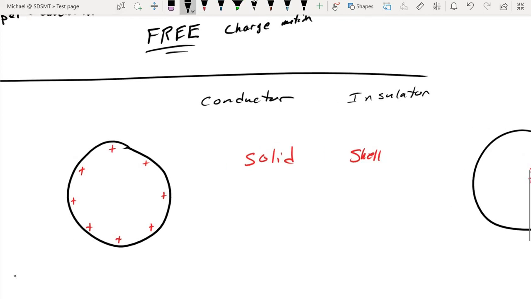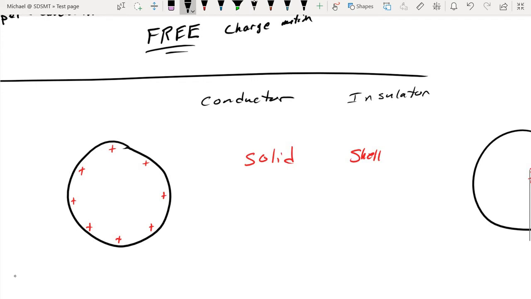And so if we go back to the conducting material, maybe this first case scenario was a solid sphere, in which case the charge can move freely all the way through the entire volume of the conductor, but still that charge is going to continuously push all of the other charges away until we get to the surface. Because once we get to the surface, there's no more conducting material to continue moving through, and so the charge has to remain there at the surface.